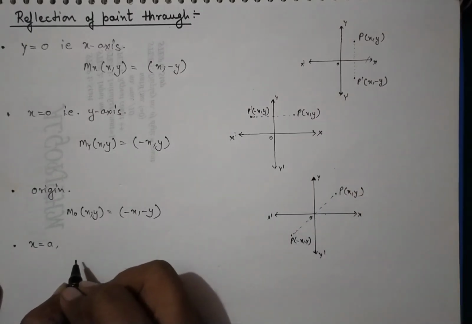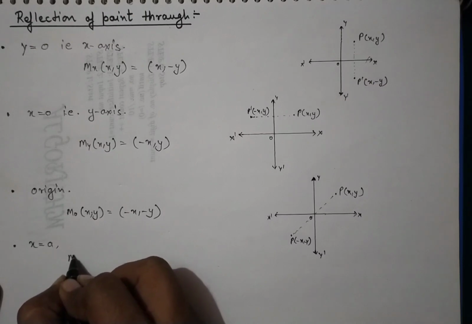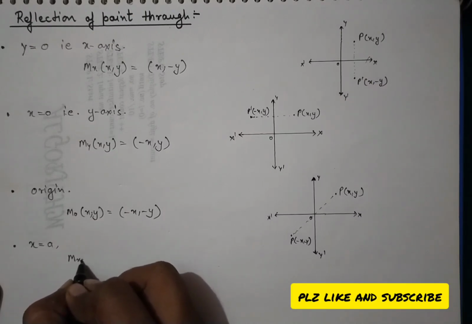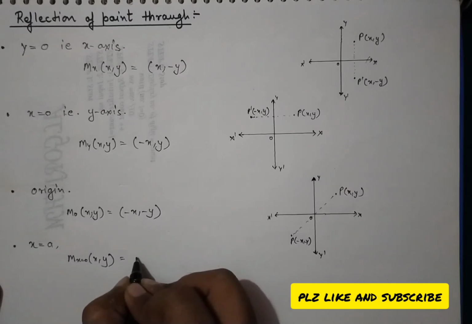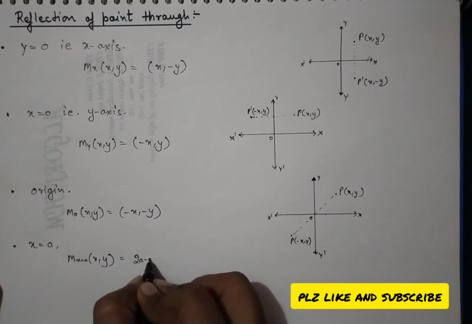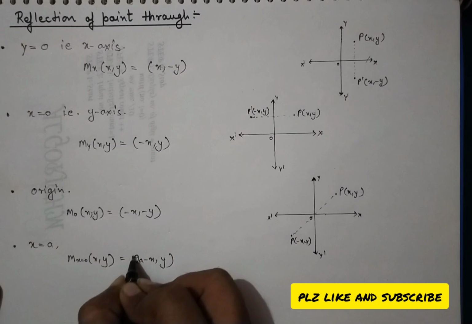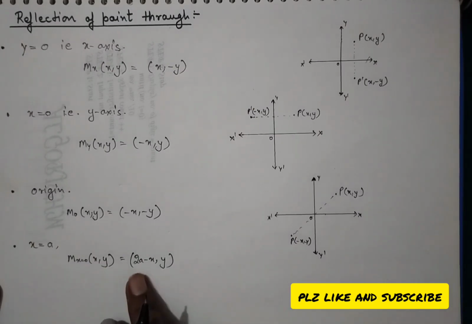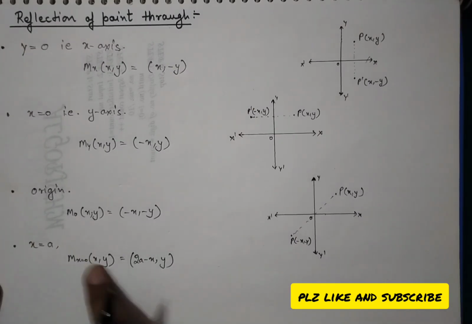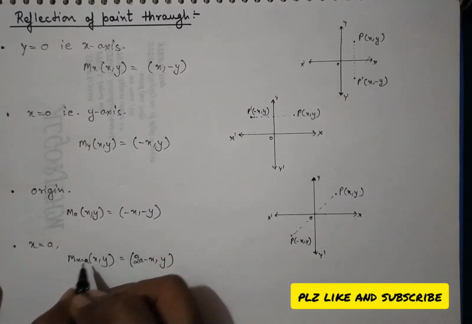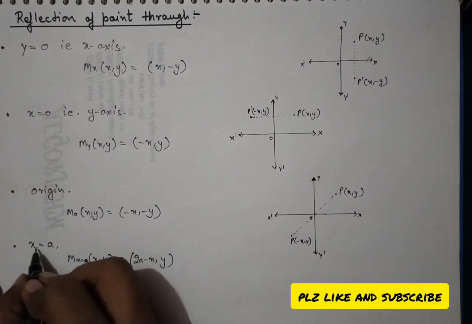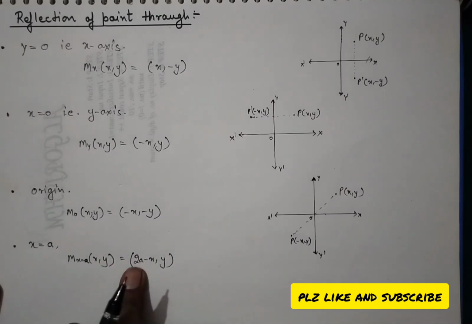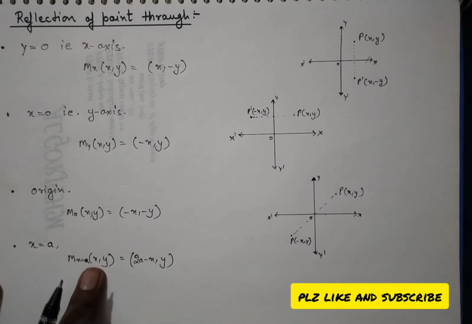In that case, M of x equals a of (x, y) will be written as (2a minus x, y). We are going to subtract the value of x from double of a. Whatever value of a we have over here, suppose it is x equals 3, then it will be 2 into 3 minus whatever the value of x is over here.